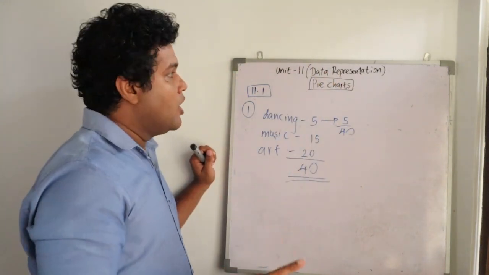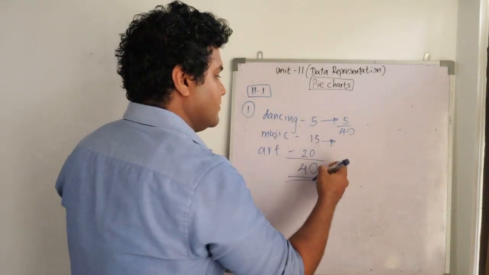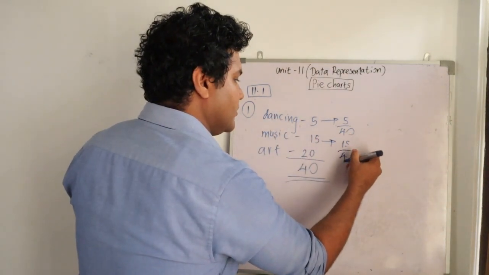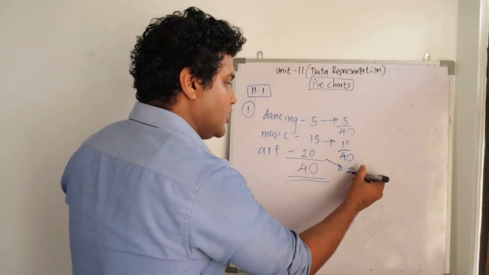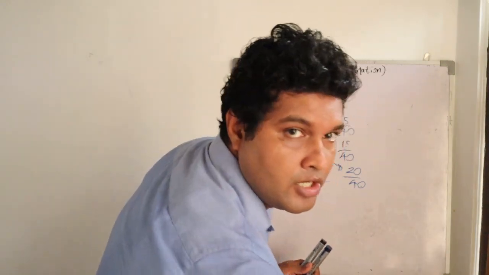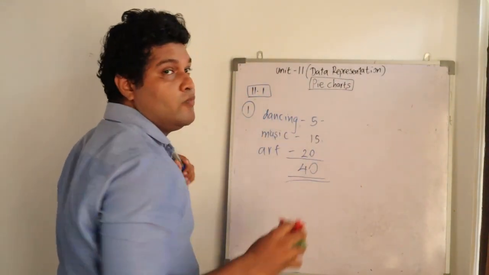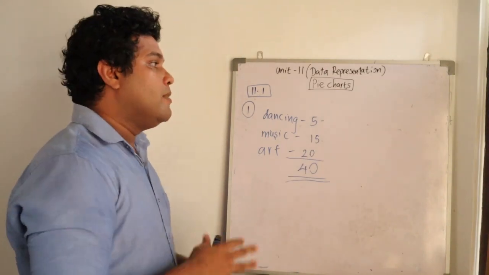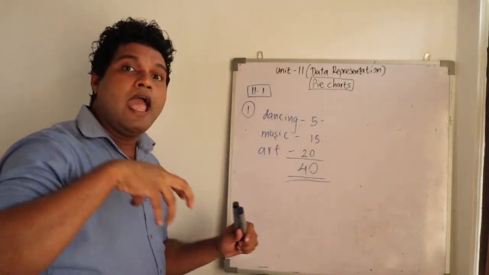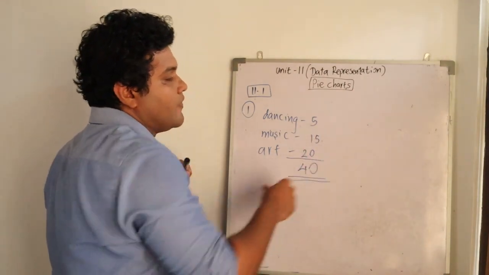You must remember, to represent data in a pie chart, we must know the fractions. 15 over 40, 20 over 40. I don't expect you to write these fractions, but they are useful for your mind, because when we find the angles of the sectors, we must know these fractions.